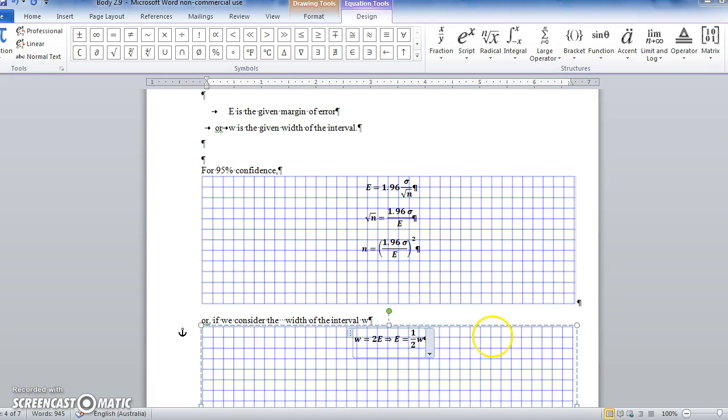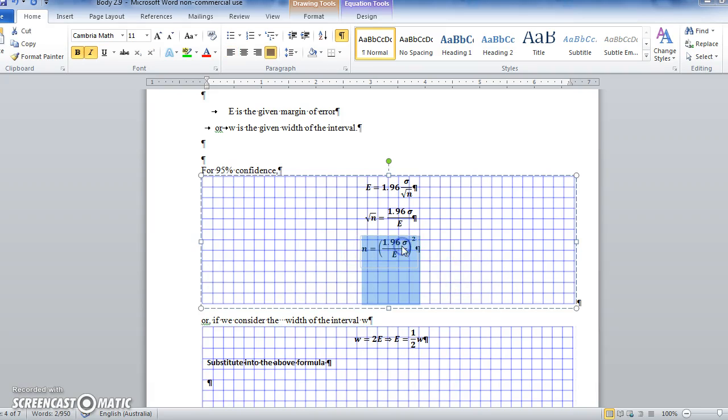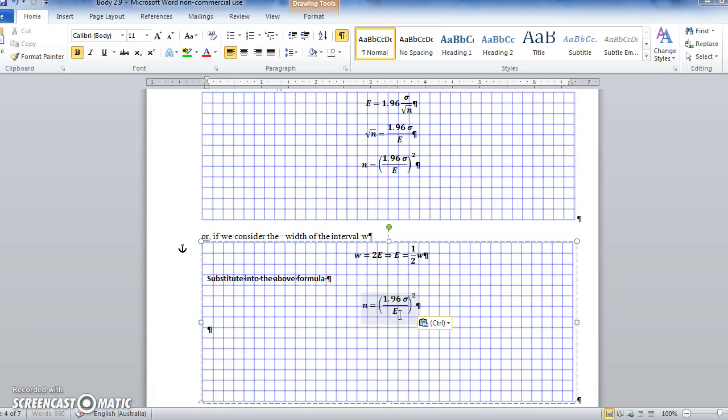Hopefully that's not challenging anybody too much so far. So if we substitute into the above formula, which is this one, then we can write a half w there.